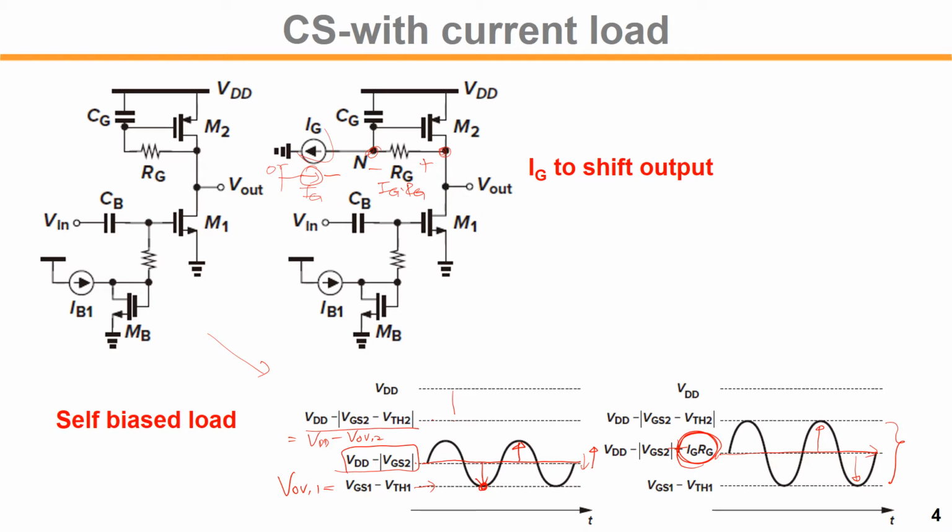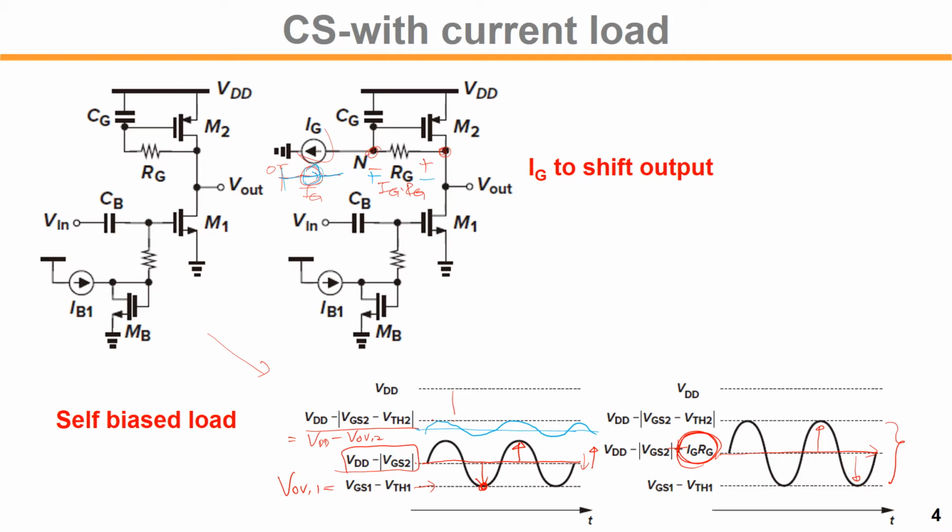In case the original input common mode level is near the upper range, for example like this, and it might be limited like that, in that case we use the pull up current so that the output common mode can be lowered.